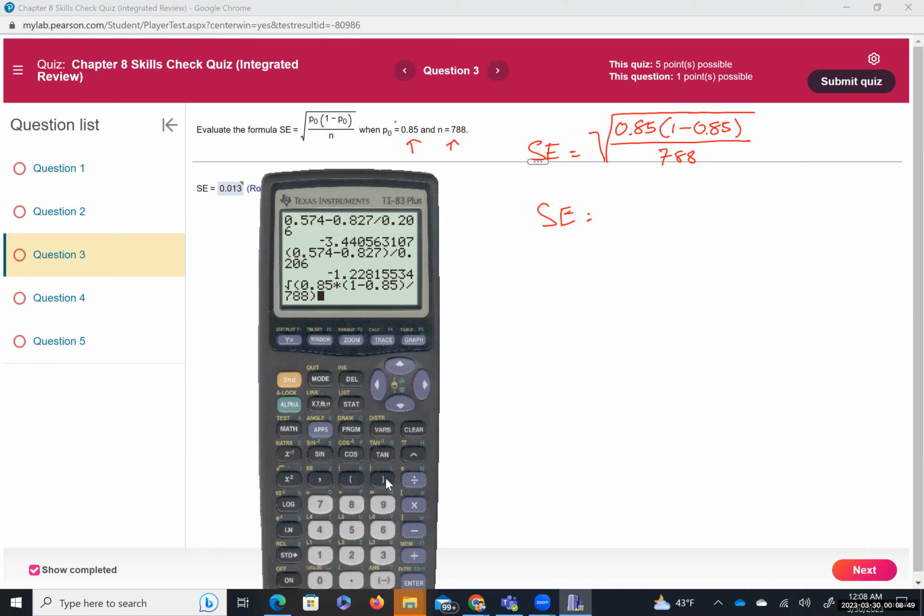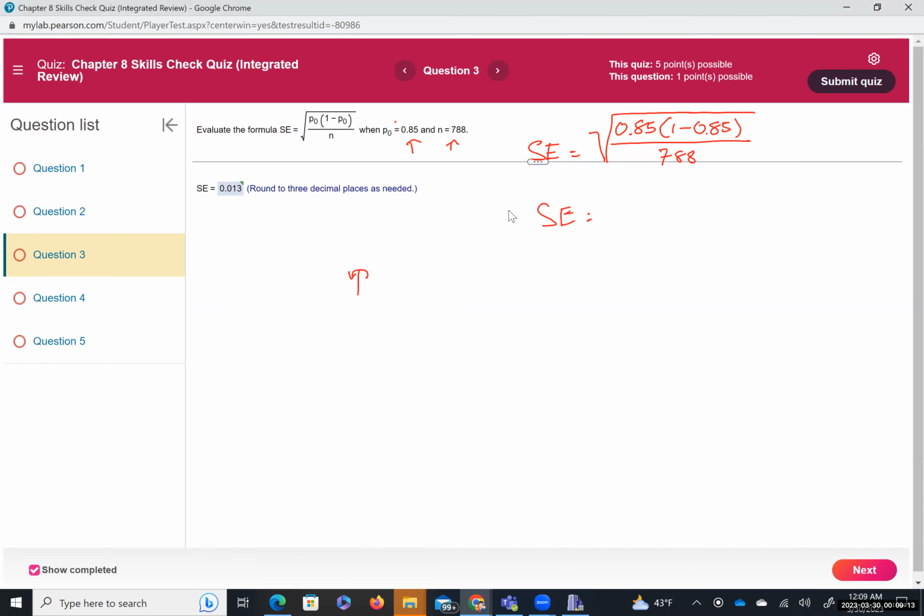You will have the answer as 0.127, and you want to round to 3 decimal places. You will stop here, but the 7 affects the 2 to become 3, so 0.013 is the answer.